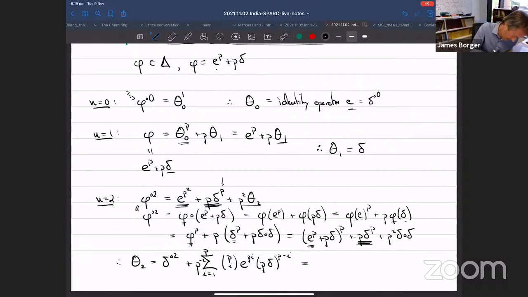So maybe another way of writing that, delta composed of itself 2 times plus sum I equals 1 to p, p choose I times p to the p minus I minus 2 times e to the pi times delta to the pi to the p minus I.